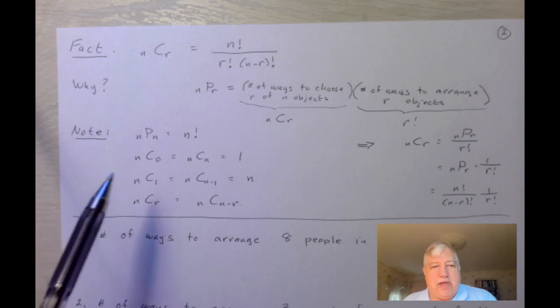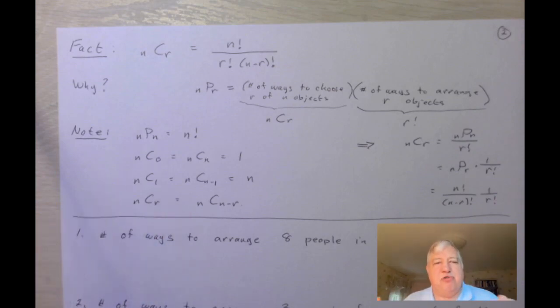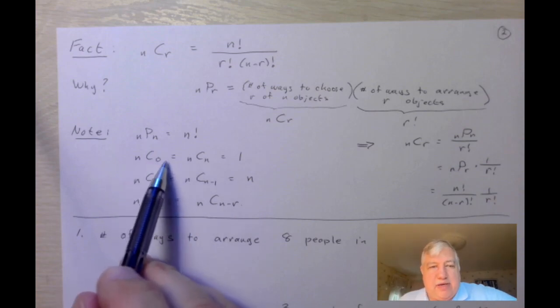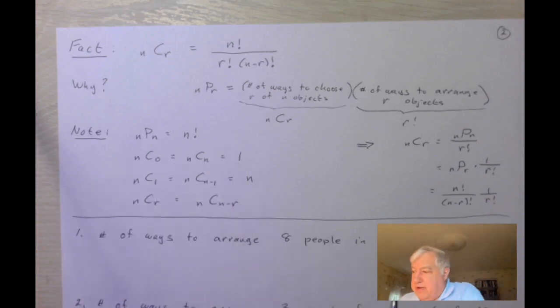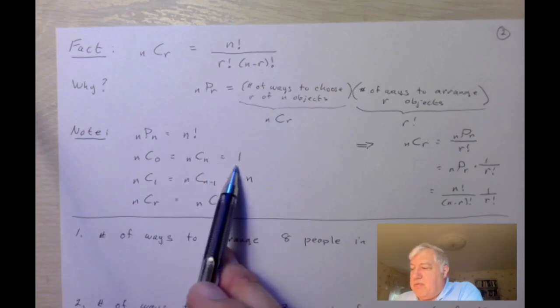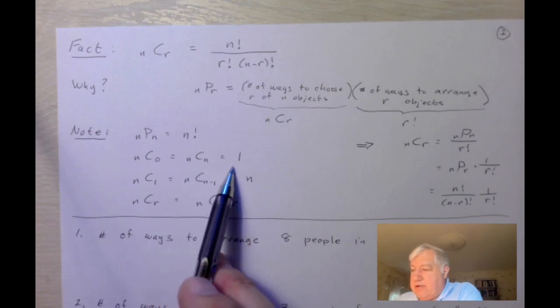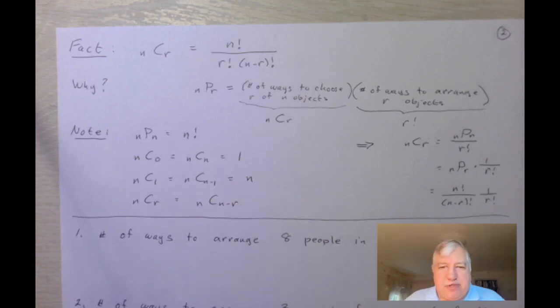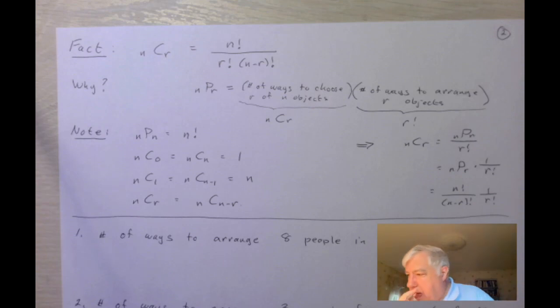There's only basically one way to choose a set with no elements, and that subset would be the empty set. So that's why nC0 is equal to 1. And also n choose n is going to be 1, because if you have n objects and you want to pick n objects, there's only one way to do that. You take all of them, right?